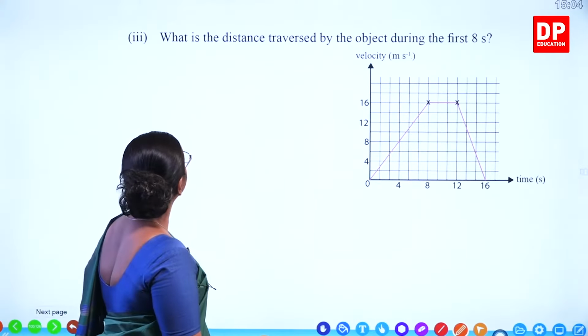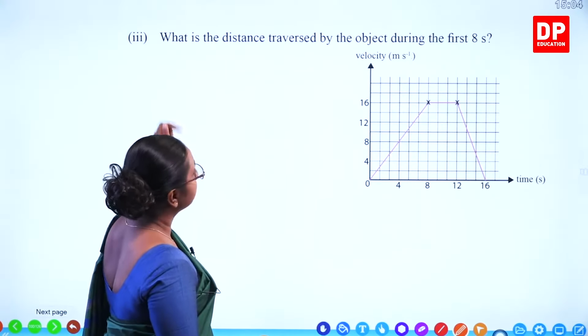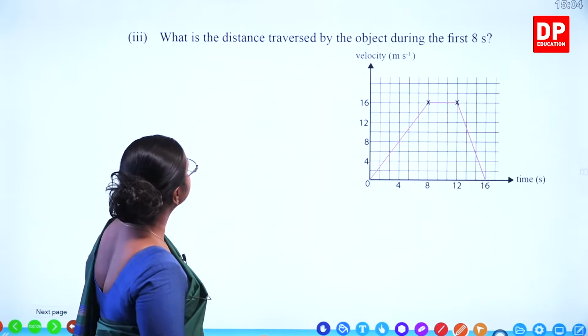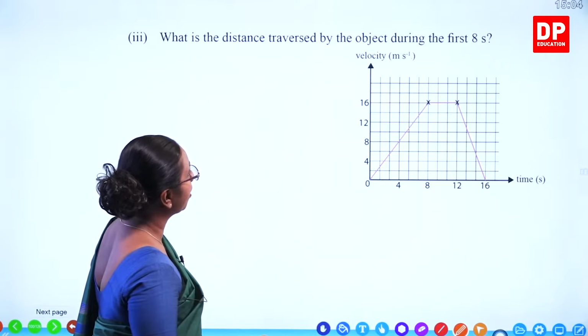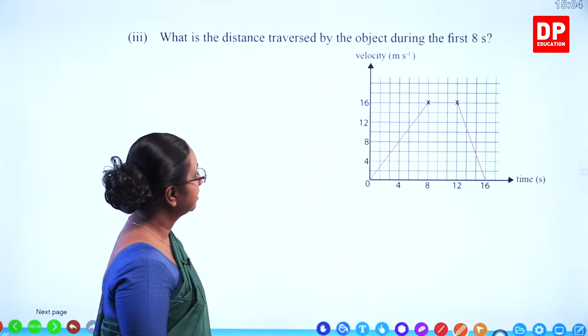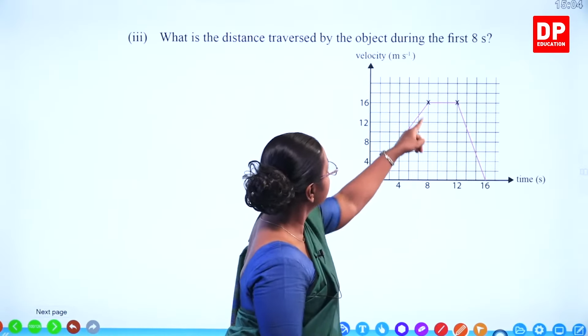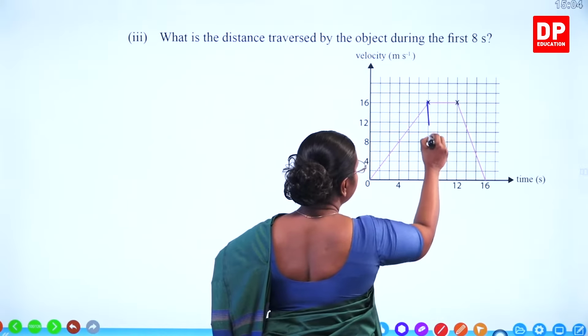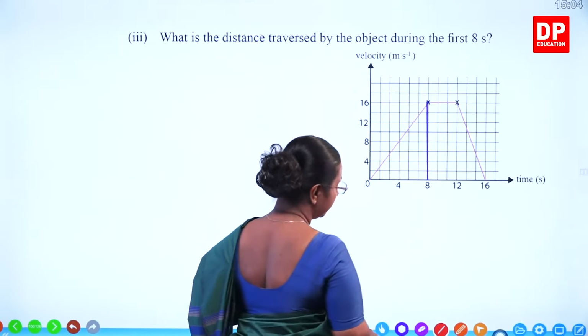The second one, or the third question in this, under this graph, what is the distance traversed by the object during the first 8 seconds? So here, what is the distance? Here we will have to find the area covered under the graph.